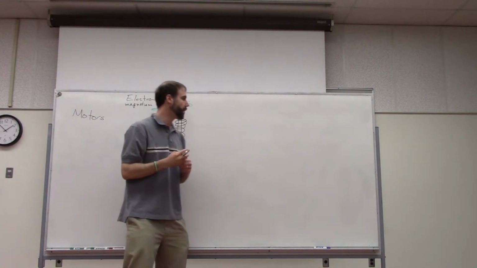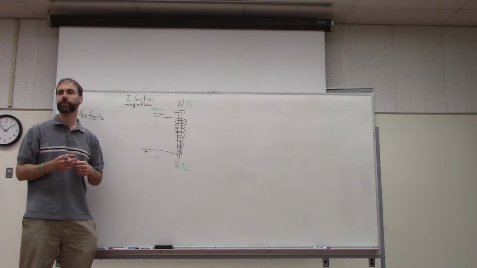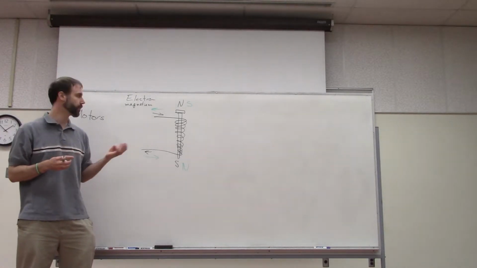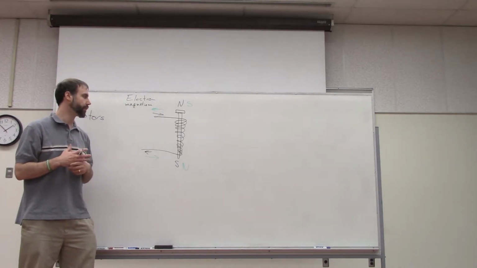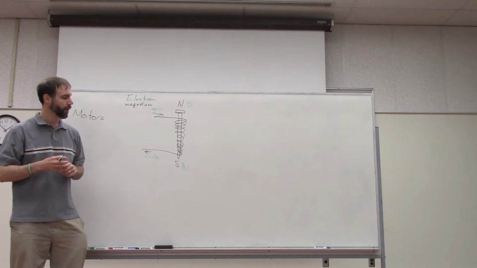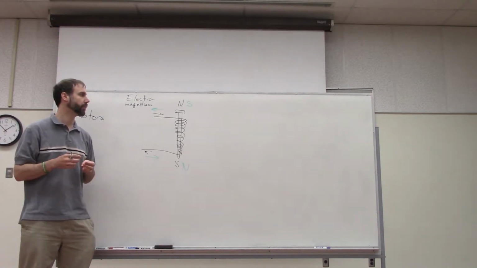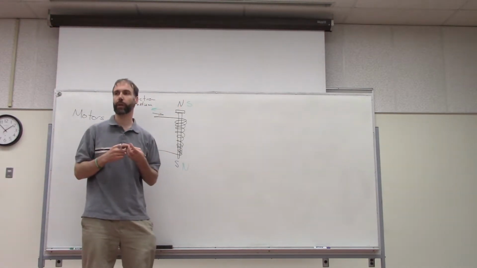So this is the basis for all electrical motors. Now there are many different configurations for electrical motors, but they all work on this same basic principle. Okay? So let me show you one of the simplest configurations for electrical motors. And then we can kind of understand how this is working.